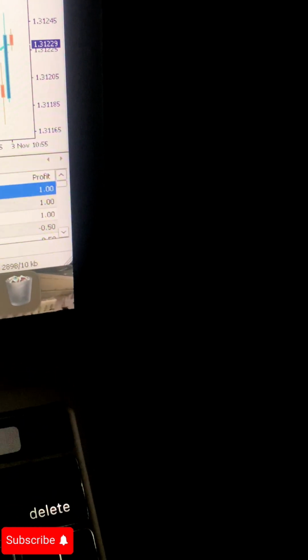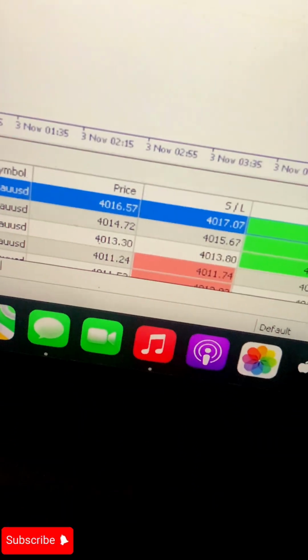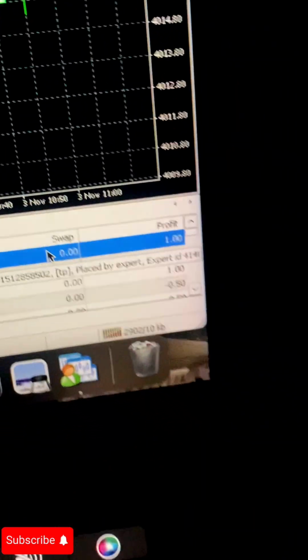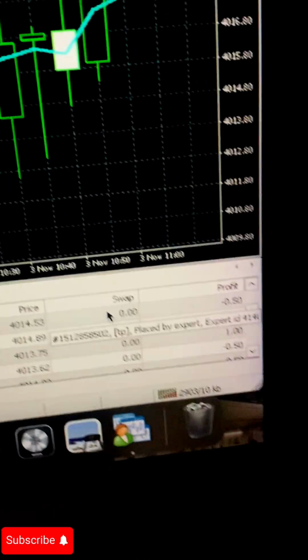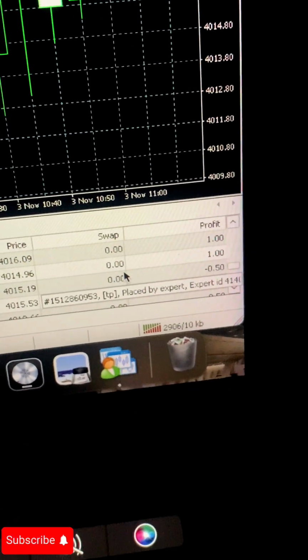So this is XAUUSD. You can see it. Let me change back to XAUUSD. So it's scalping $1 for XAUUSD, and for the losses, it is 50 cents. I feel like that's the point I put, so I'm going to check into this. See, it's 50 cents loss and $1 profit.